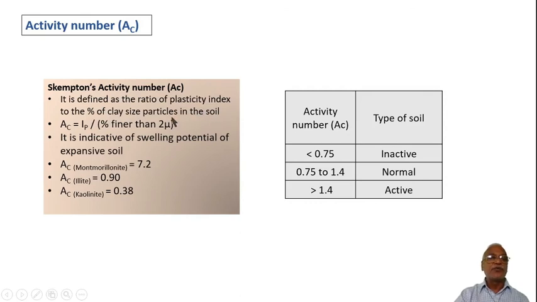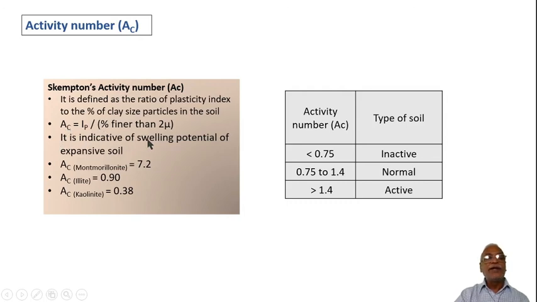If the same thing is put in the form of expression, AC, activity number, is equal to IP, plasticity index, divided by percentage finer than 2 microns. Means in the soil you have to find out the particles lesser than 2 microns, that is percentage of the particles which are lesser than the size of 2 microns. That has to be kept in the denominator. This ratio is known as activity.